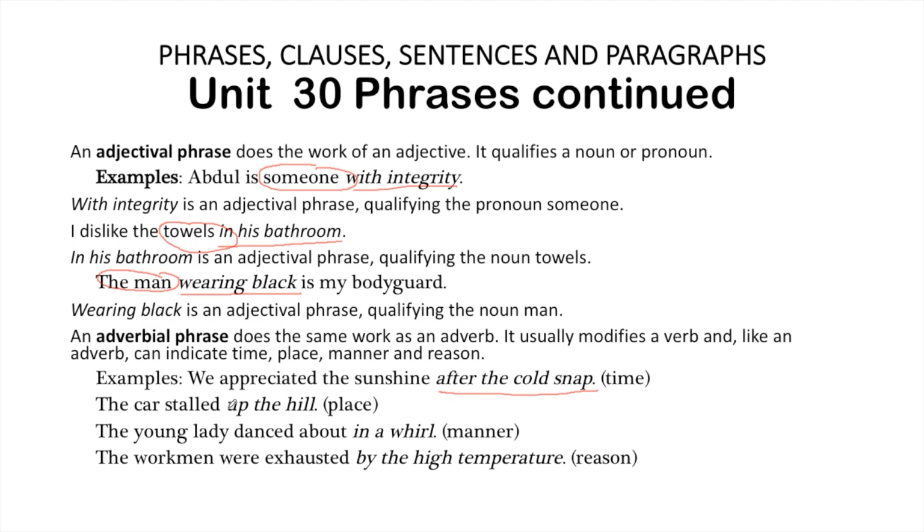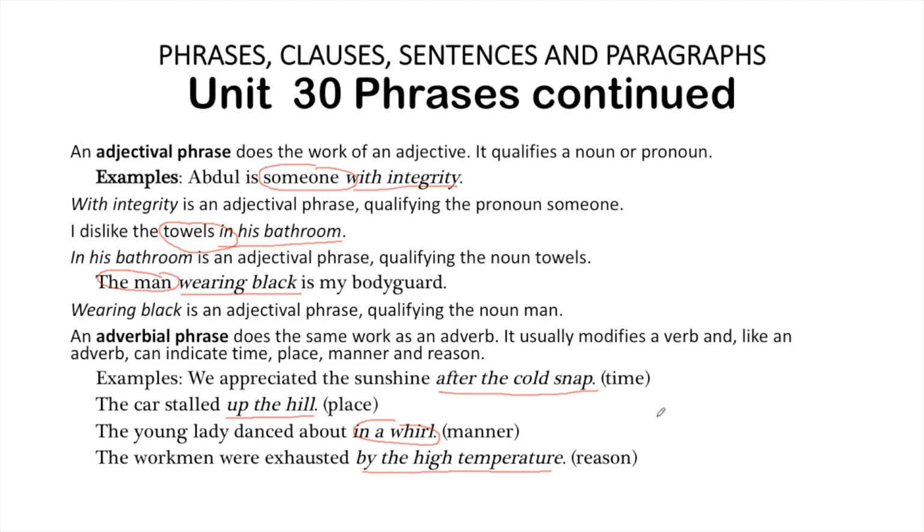The car stalled up the hill. It's telling you where it occurred. It's an adverbial phrase of place. The young lady danced about in a whirl. So in a whirl here is telling you the manner in which it occurred. The workmen were exhausted by the high temperatures. Here we've got an adverbial phrase describing the reason.